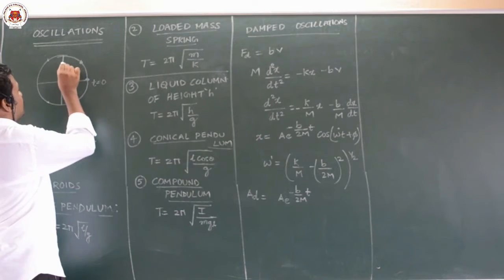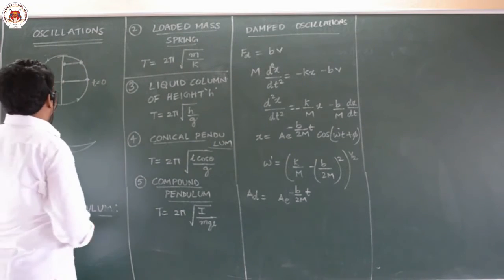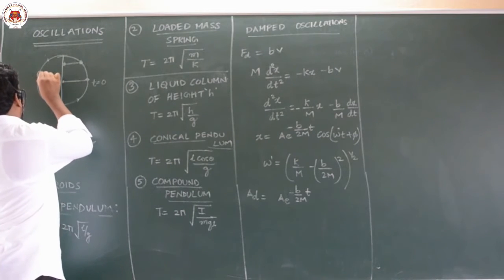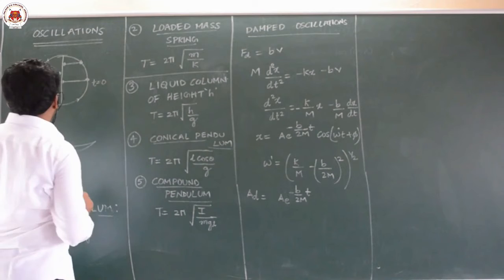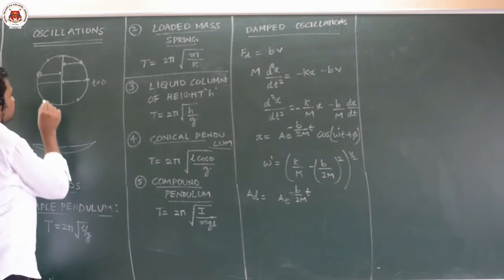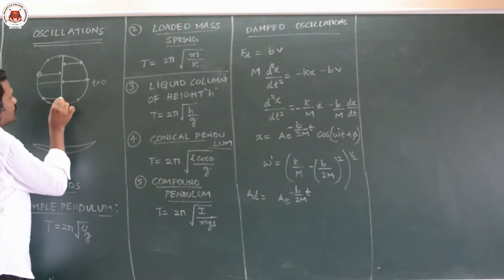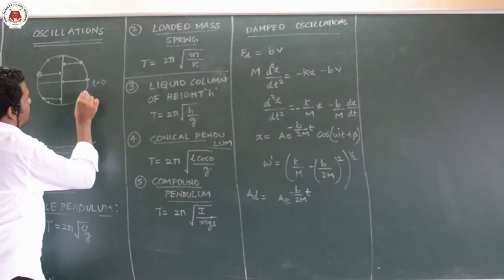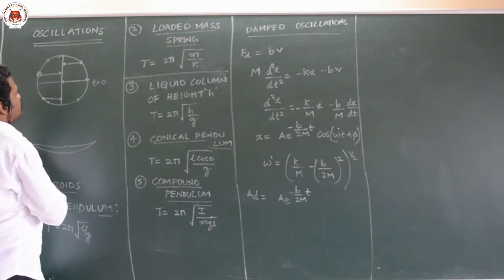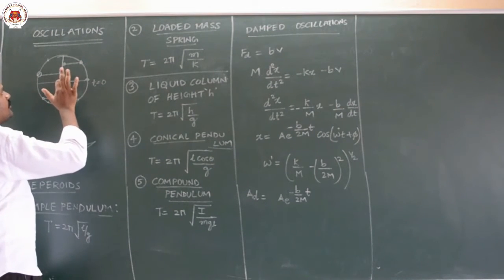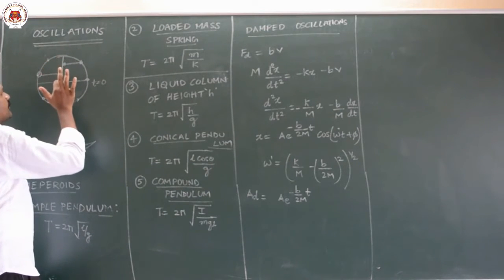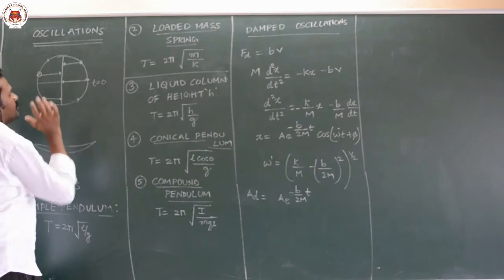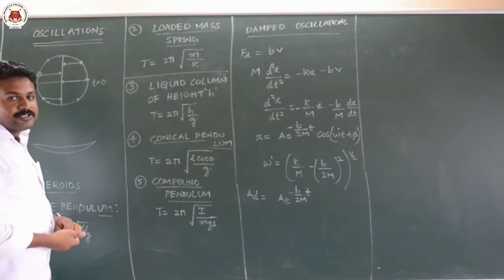Now also draw one foot of the perpendicular. Now you can observe this foot of the perpendicular. Let us assume the particle is here, the foot of the perpendicular is like this. If you observe the motion of this foot of the perpendicular, it started from here, reaches up to here, again comes back, again goes back, again comes back. This is an example of oscillation.